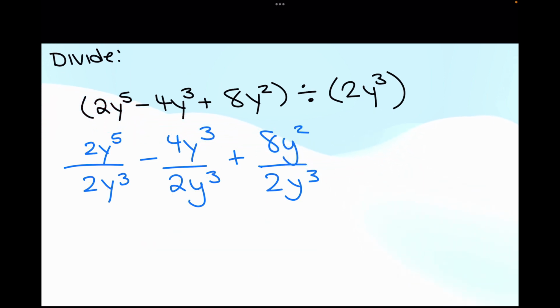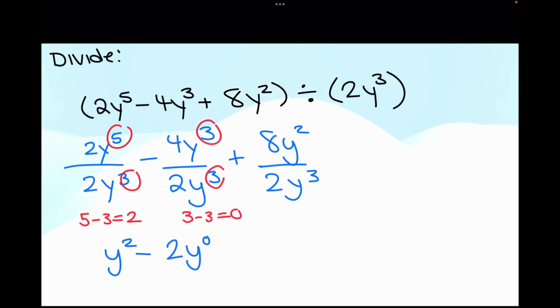Now, another way you can do this problem is you can just subtract the exponents. So first term becomes y squared because 5 minus 3 is 2. Second term, the y's go away because 3 minus 3 is 0.